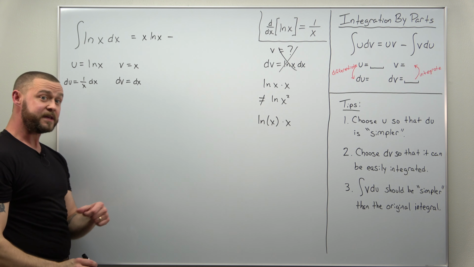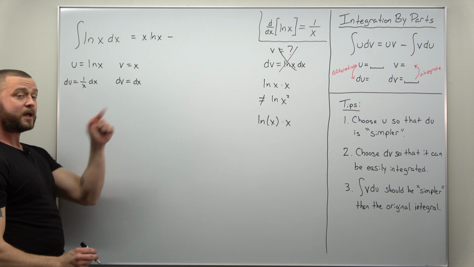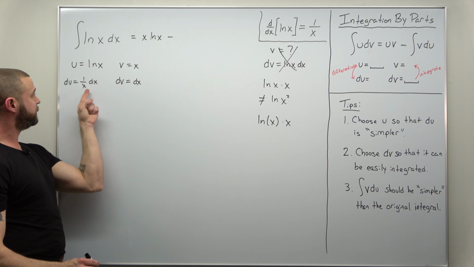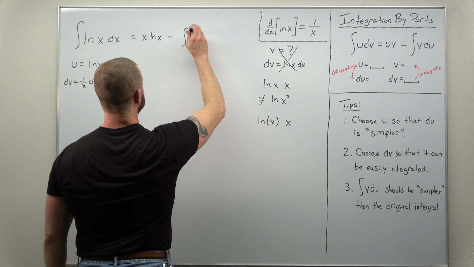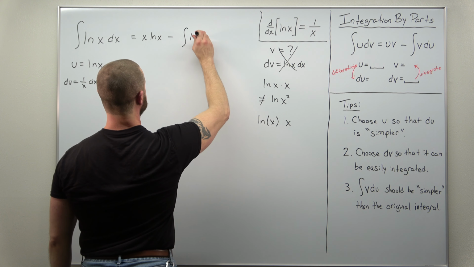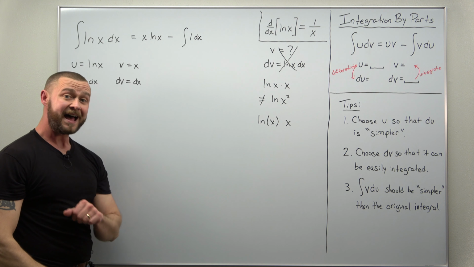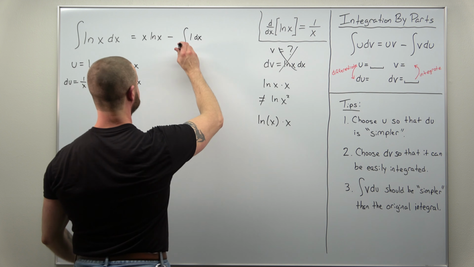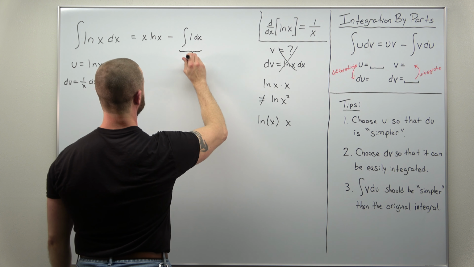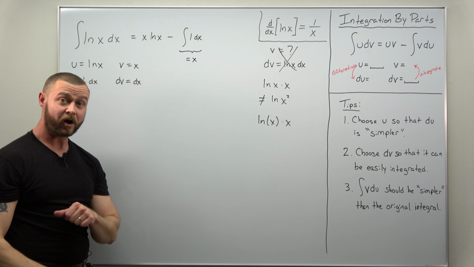All right, and then we get now the integral of v du. And notice when I multiply x by 1 over x, that cancels to 1. So we get the integral here of 1 dx. And that is really simple. That's just going to integrate to x. And we are done.